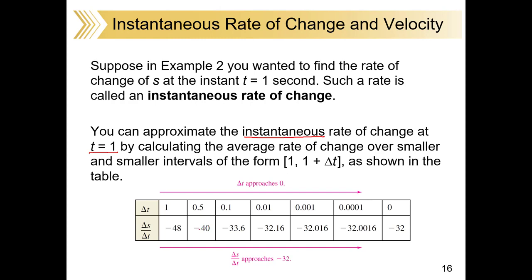From 0 to 0.5 seconds, the average speed was negative 40. From 0 to 0.1, the average speed was negative 33.6. And getting closer and closer to 0, the average speed over that interval approaches negative 32.